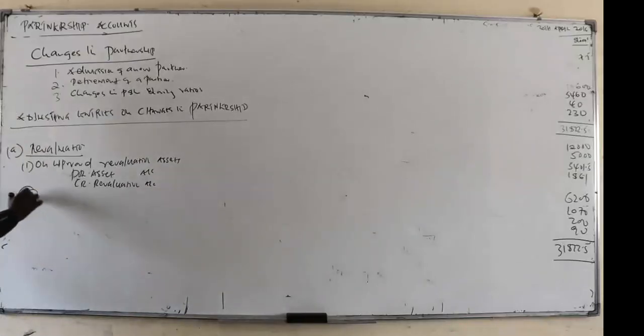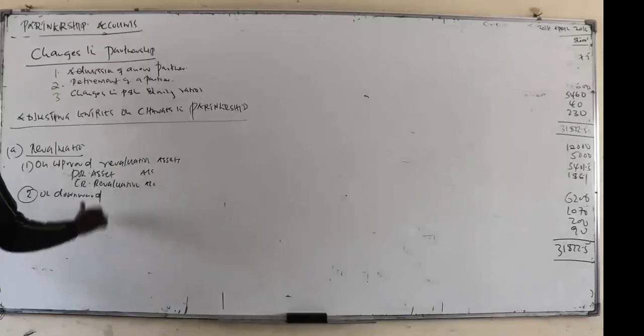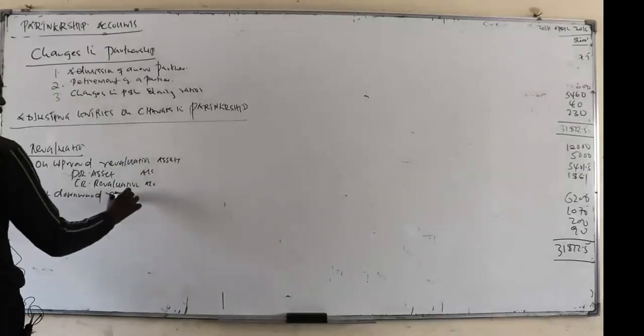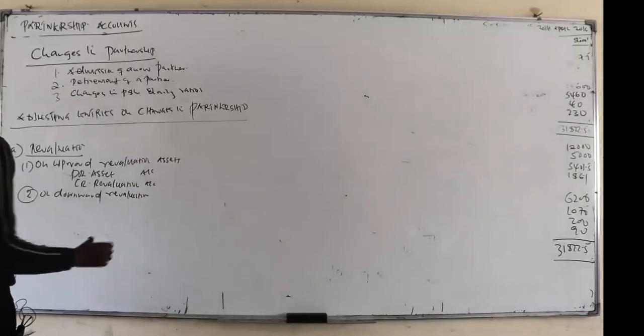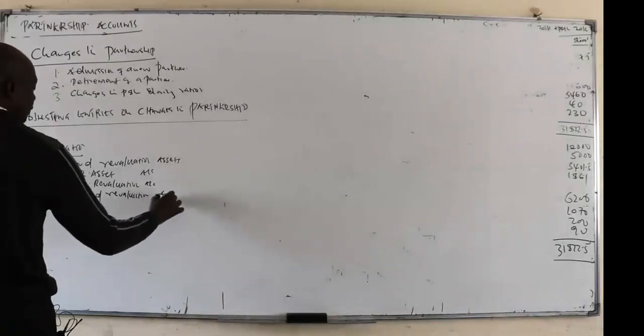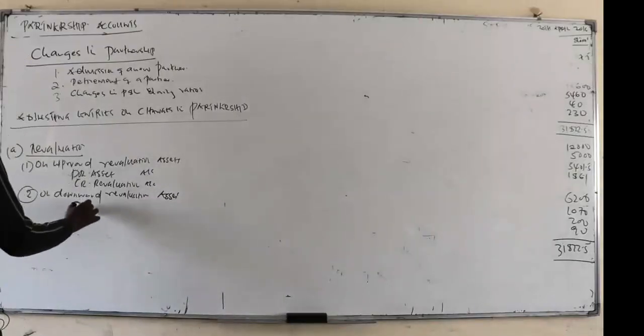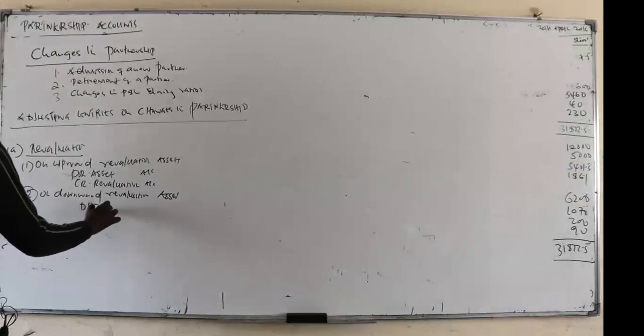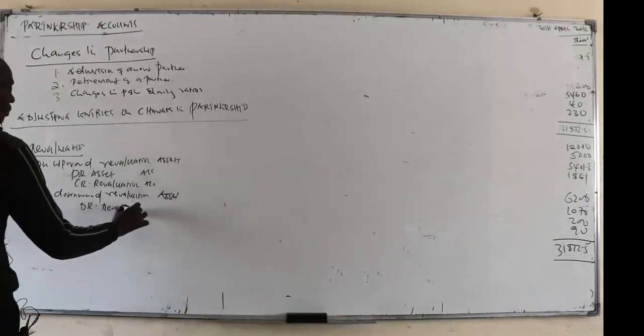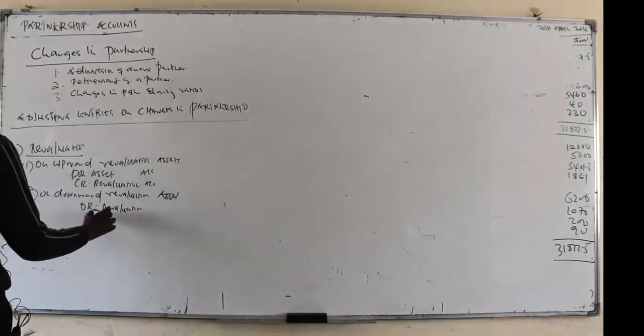Number two, on downward revaluation of assets, you debit revaluation and you credit asset account.